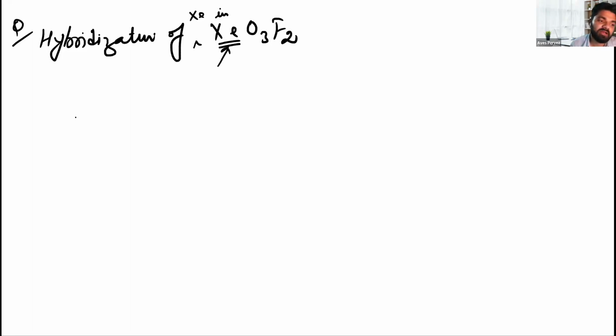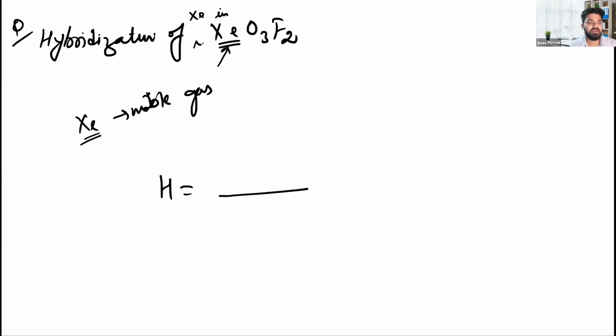Xenon is a noble gas. Except helium, all noble gases have 8 electrons in their outermost shell. So xenon is going to have 8 valence electrons. So we have 8 valence electrons of xenon, and the monovalent atom means that has only valency 1, and that is fluorine.